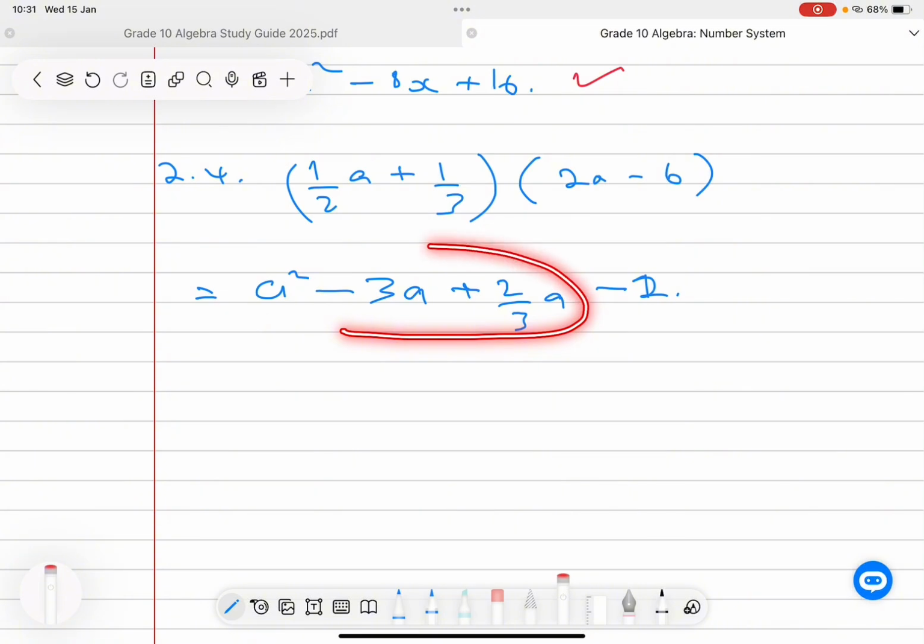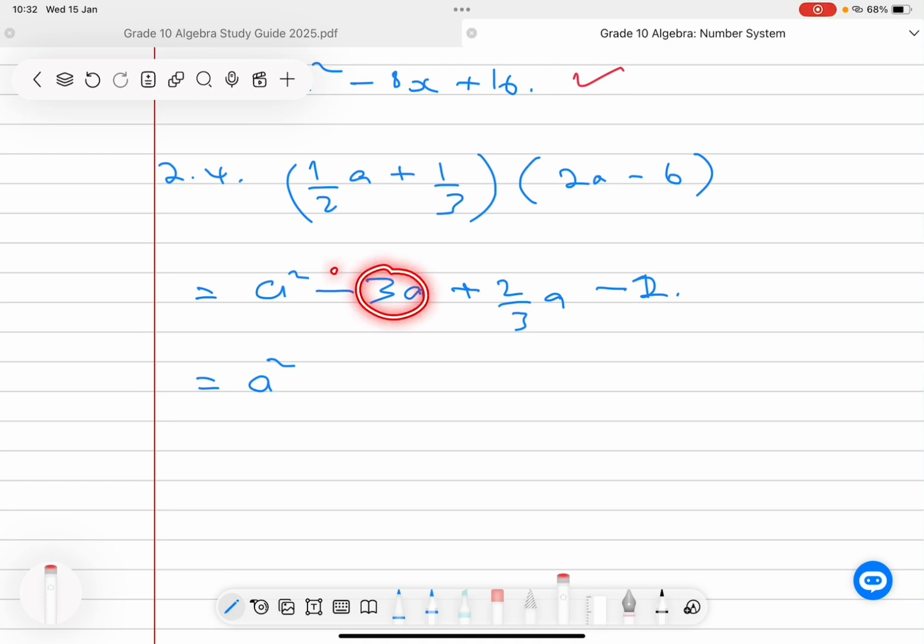Now we have to combine these two here. To combine these, we're going to use our methods of dealing with fractions. So here I'm going to have a squared, and here I'm going to multiply this one by 3 over 3, so that I'm going to have a negative 9 over 3a.